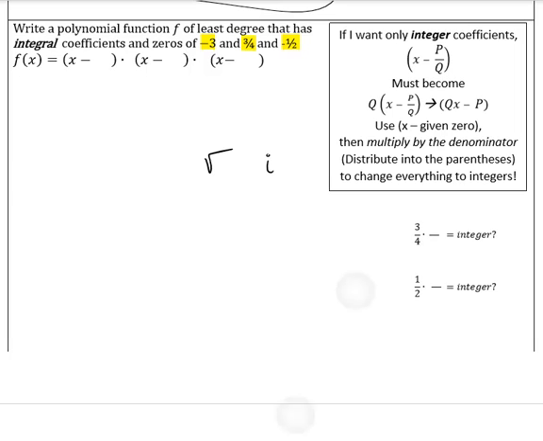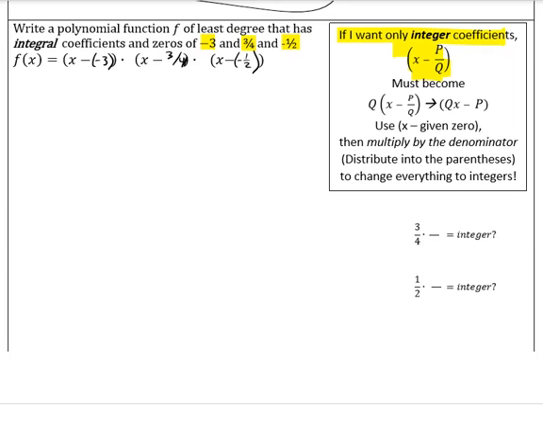Only these two will have a plus or minus of each one. So, first step is to write them in. And we'll get to this part over here after. So I'm going to write them in first, and I get x minus -3, x minus 3/4, and x minus -1/2.